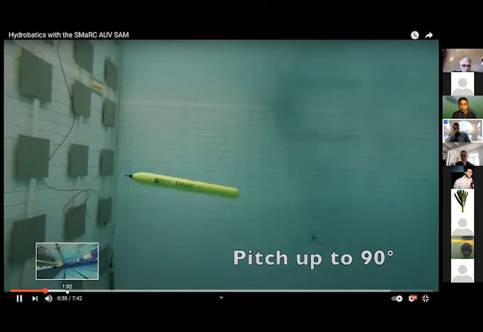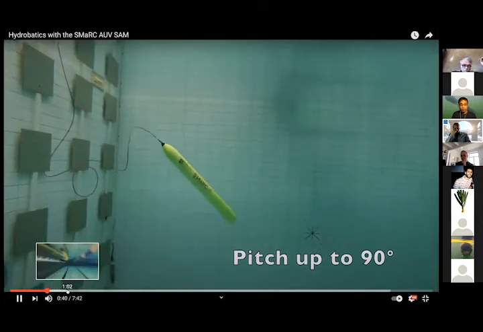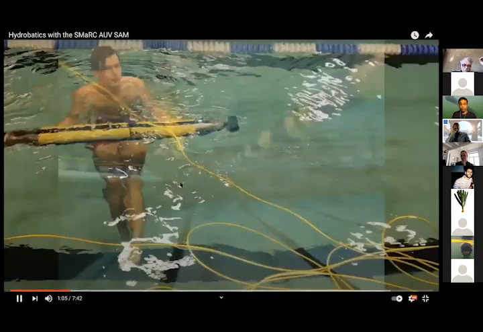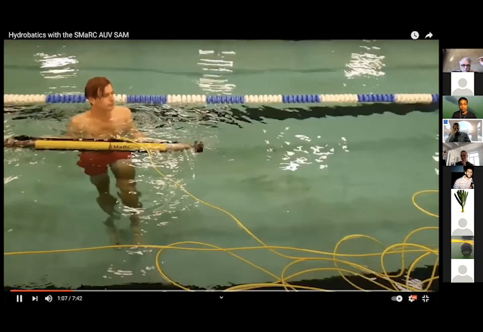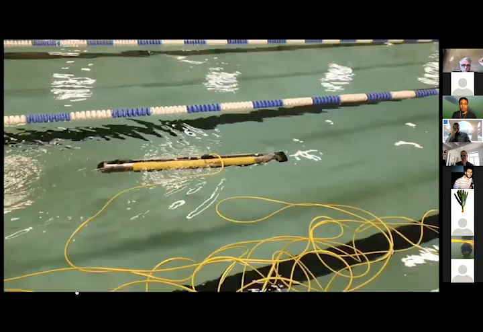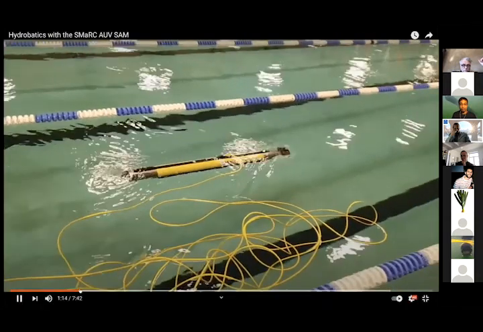And I'm going to skip forward a little bit to show you some heading control. We can also make it move straight by following a specific heading, or even to hold a position. Like if we try to push it to stay at zero velocity, it will try to come back and hold its position, for example.